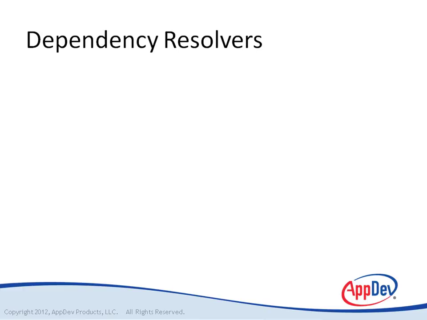There are 3 different dependency resolver methodologies we use with the Web API. The lambda expressions is where we basically define all our mappings between interfaces and concrete implementations in a series of lambda expressions that we use in the global.asax.